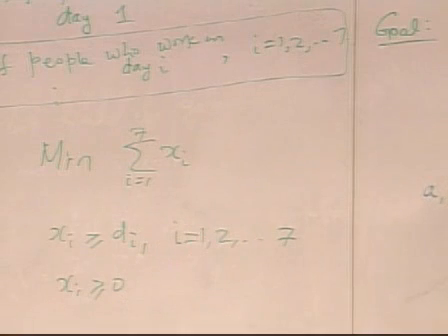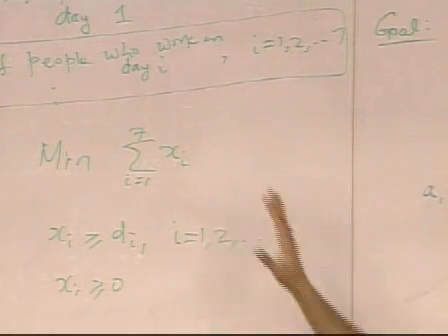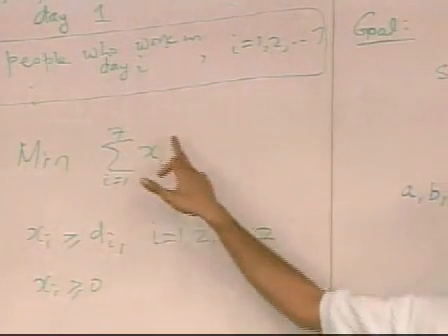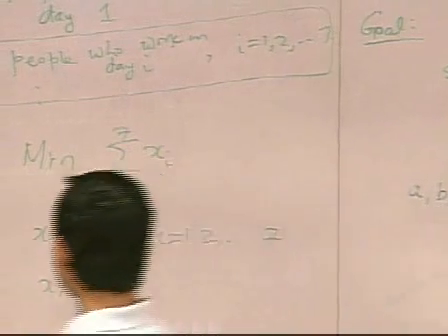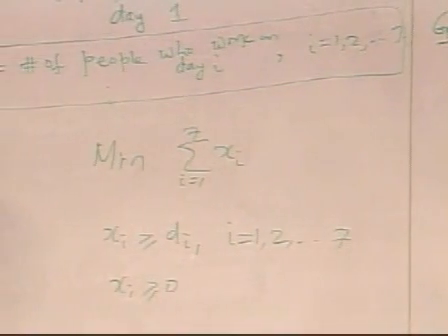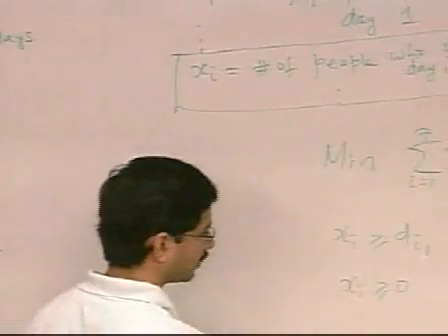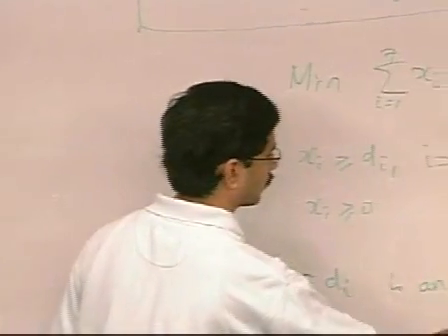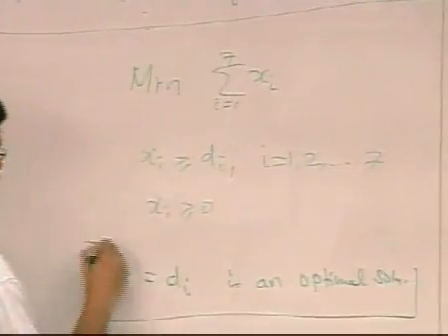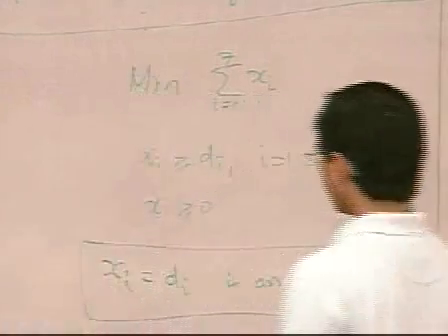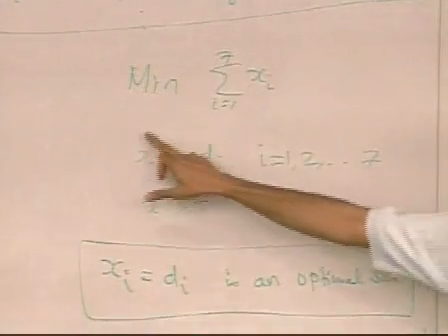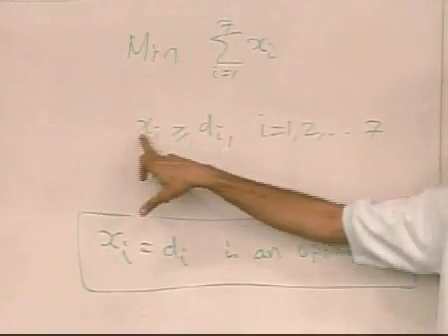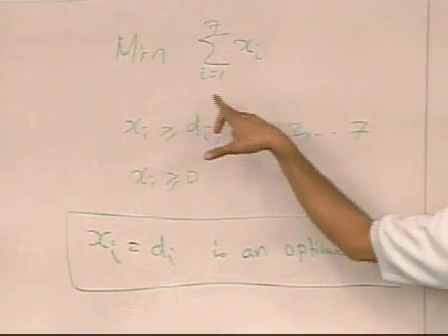Okay? Notice that I have not claimed that this is the right formulation of the problem that we started. I'm just saying that for this linear program, xi equals di is an optimal solution. Of course, if you add up all of these constraints, you get a new constraint that says the summation of all xi is bigger than the summation of all the di's.